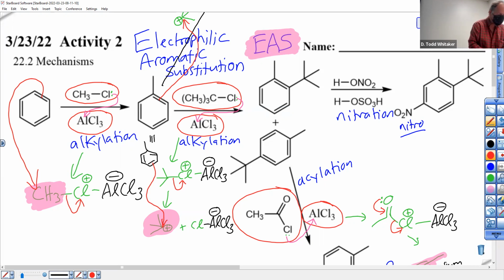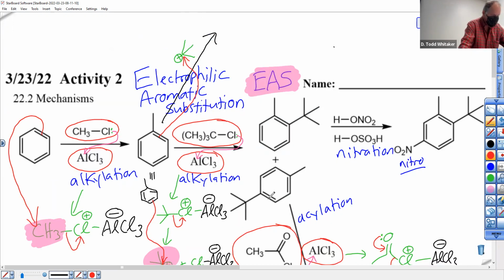And you're going to generate intermediates here. The intermediates are as such. Here's the things that didn't change. Still got a methyl up there, still got a double bond here, still have a double bond here. We got a new tert-butyl group on the ortho position.